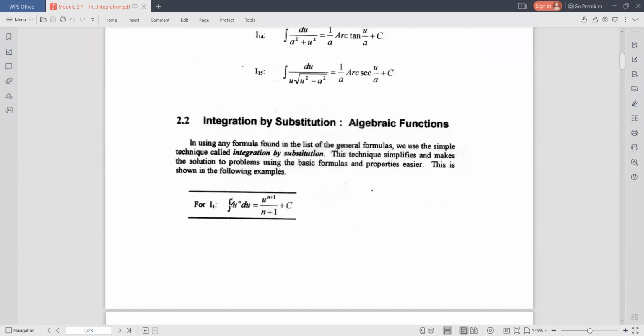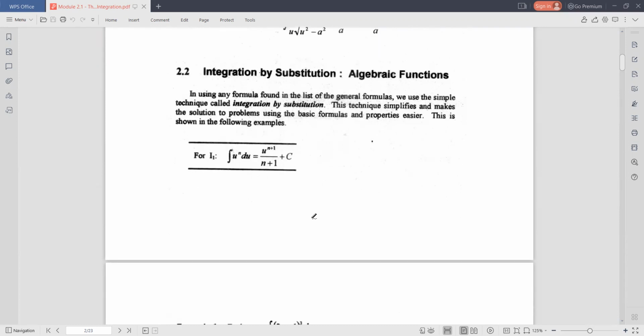So that is the integral of u raised to n du. So the value will be equal to u raised to n plus 1 over n plus 1 plus c. And so this is the first general formula, or what we call the power rule formula for integral.